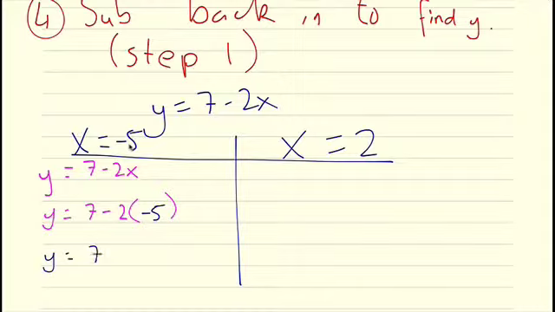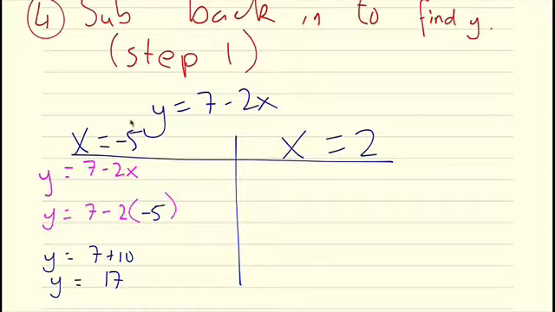So y is equal to 7 plus 10. Y is equal to 17. You all okay with that first one? You all okay with that, Amy? Any questions, Reese? Do you know where we got this minus 5 from? Just got it from earlier on there.